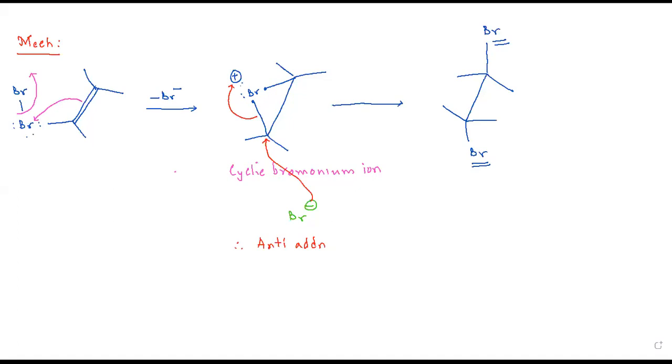Now we know one important thing. Whenever there is anti-addition, what do we go for? Seats, car, or TAM, right? What do you mean by car?